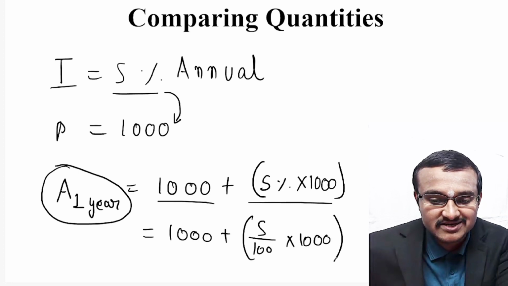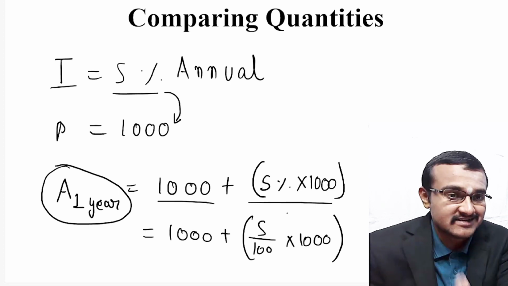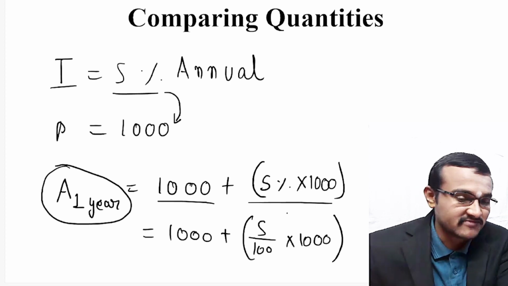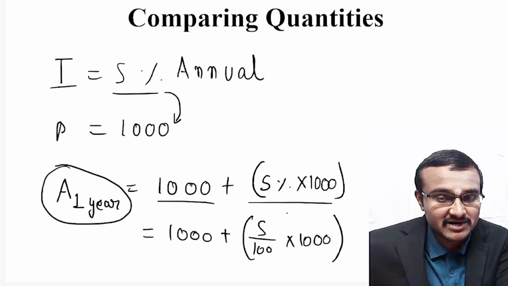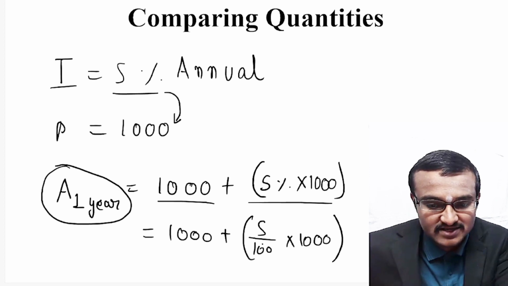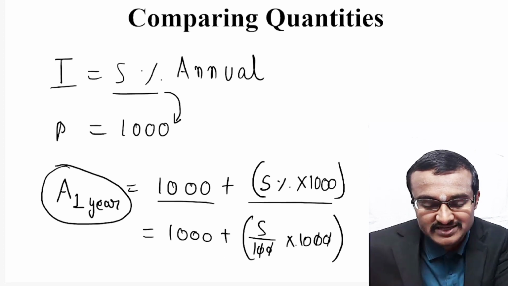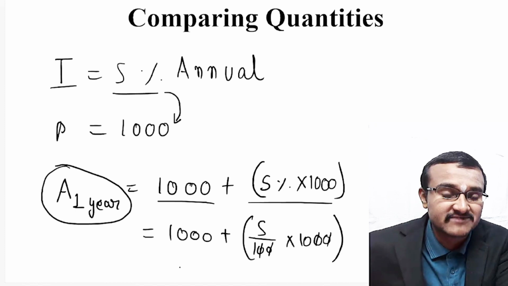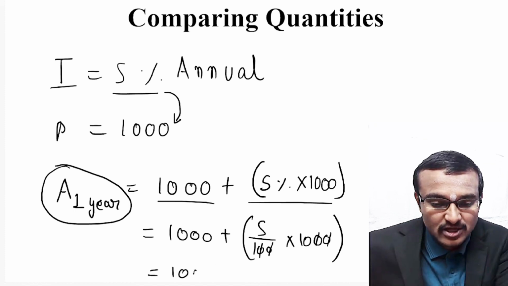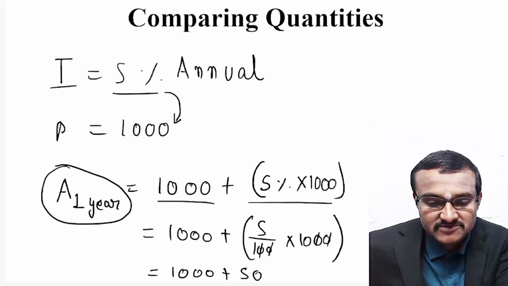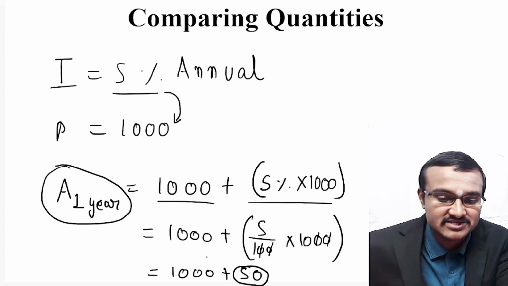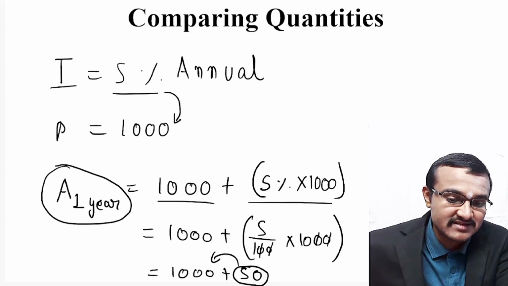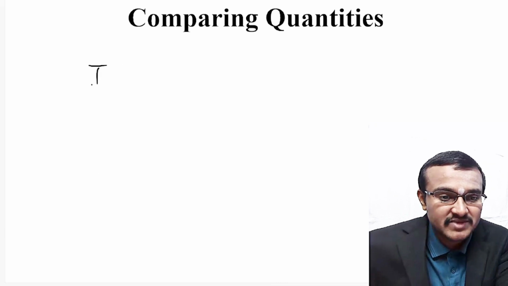How to calculate percentages and ratios, I have explained in my previous video. You can refer to that, the part 1 video of comparing quantities. Here the zeros get cancelled, so 5 into 10 will be 50. So for 1000 rupees, 50 rupees will be the interest, and this 50 rupees is added to the 1000.